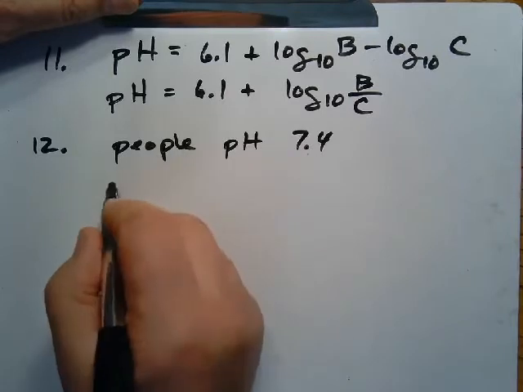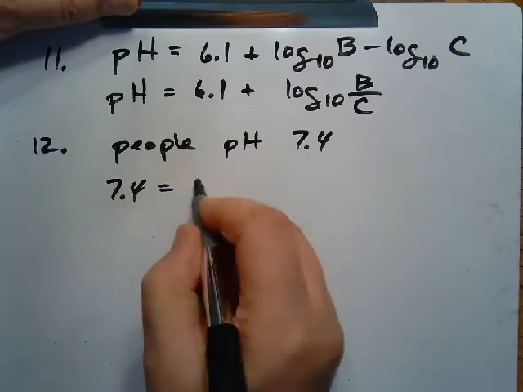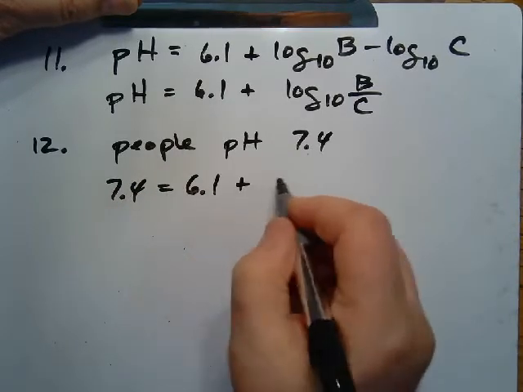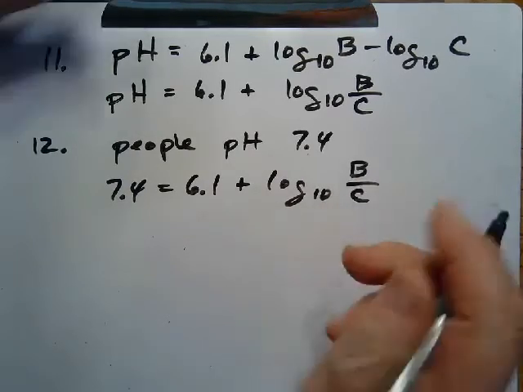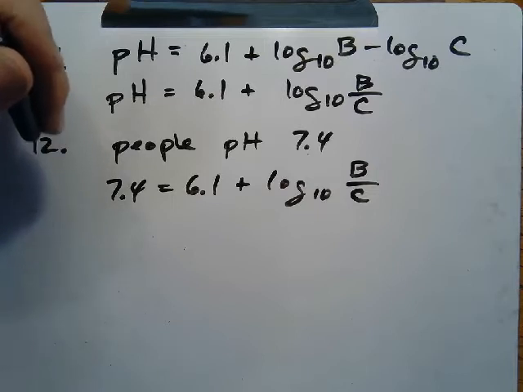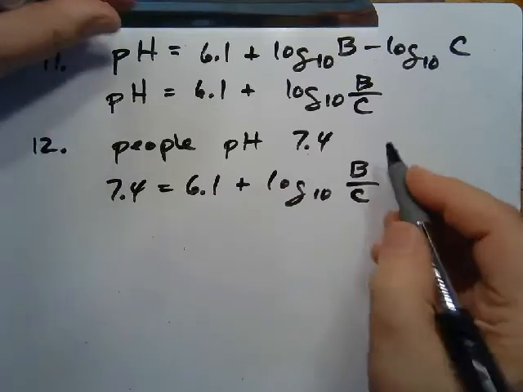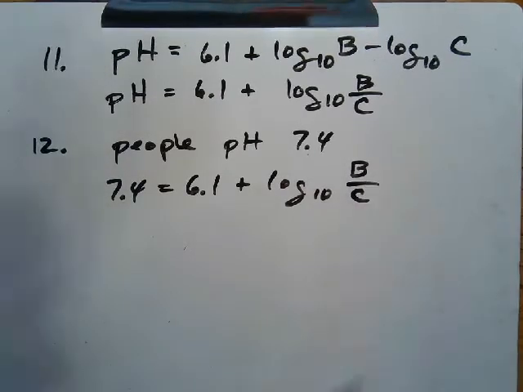All right, well, let's put in 7.4 for the pH here. And then we're going to use the formula to solve for this ratio. You notice it's asking for what is the ratio. Okay, well, they just need this ratio here. So we're going to solve for B over C. We're not going to get B alone or C alone. We're solving for that ratio.